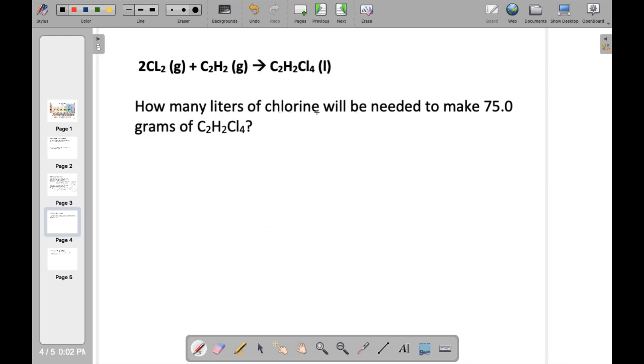How many liters of chlorine will be needed to make 75 grams of C2H2Cl4? So, how many liters of chlorine? I know I have 75 grams C2H2Cl4. Let's go ahead and change this to moles. 1 mole.